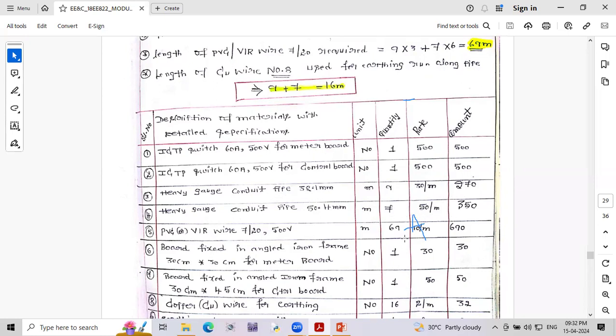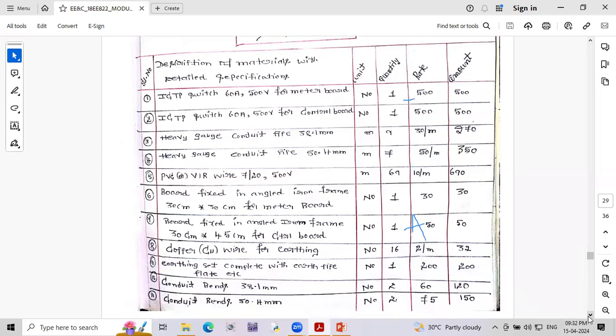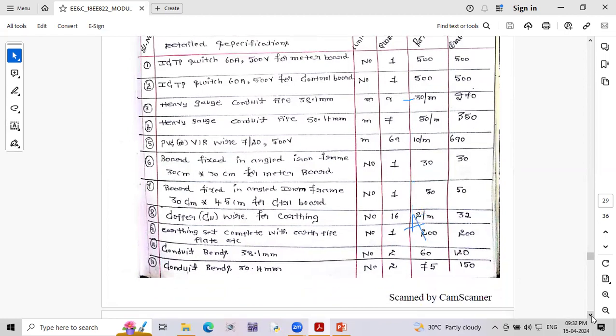PVC wire is 69 meters. We already calculated 69 total, 10 rupees per meter, total 690. Board fixed on angled iron frame for meter board, 30 rupees. Board fixed on angled iron frame for control board, 50 rupees. Copper wire for earthing 16 meters, 2 rupees per meter, so total 16 into 2, 32.